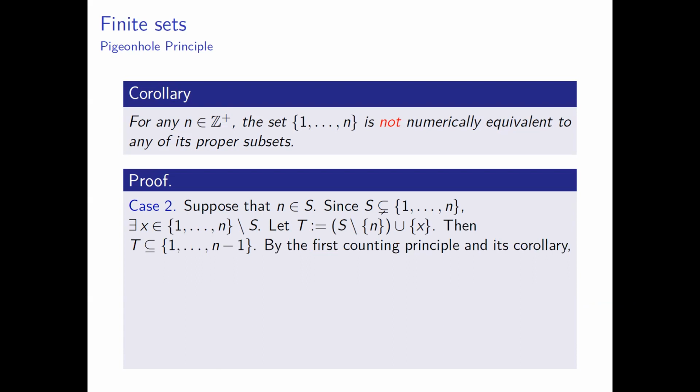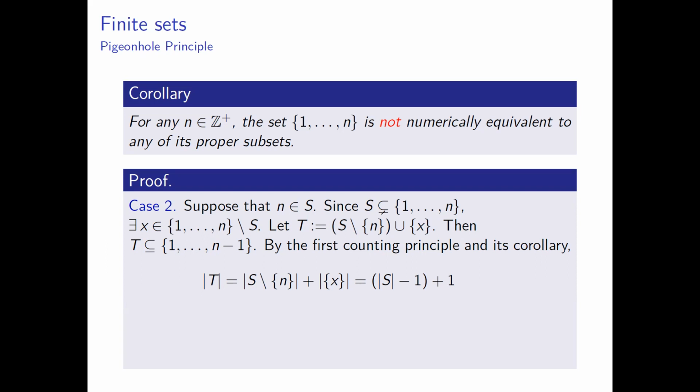By applying the first counting principle to the sets S minus the singleton with element n and the singleton with element X, the cardinality of T is equal to the cardinality of S minus the singleton with element n, plus the cardinality of the singleton with element X. Since the number n is an element of S, the singleton with element n is a subset of the set S. Thus, by one of the corollaries to the pigeonhole principle, the cardinality of the set S minus the singleton with element n is equal to the cardinality of S minus the cardinality of the singleton with element n, which is equal to the cardinality of S minus 1.